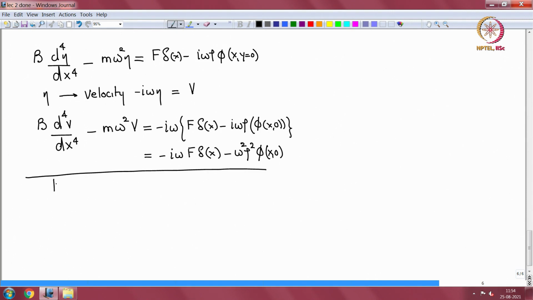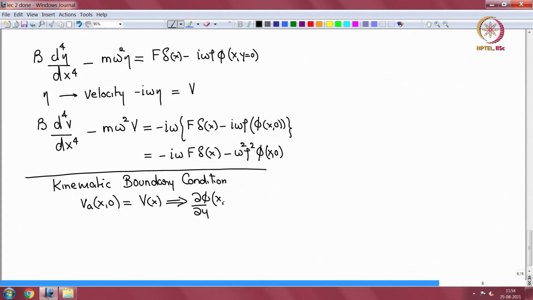The kinematic boundary condition is given by V_A of x comma 0 is equal to V of x, the plate velocity, which implies del phi by del y at x comma 0 is equal to V of x.